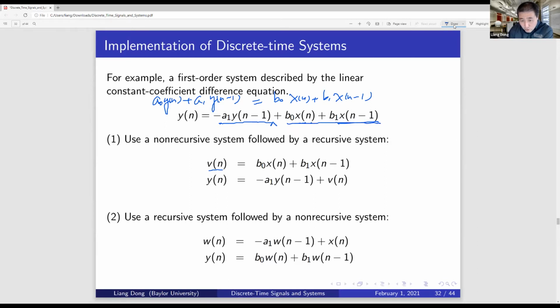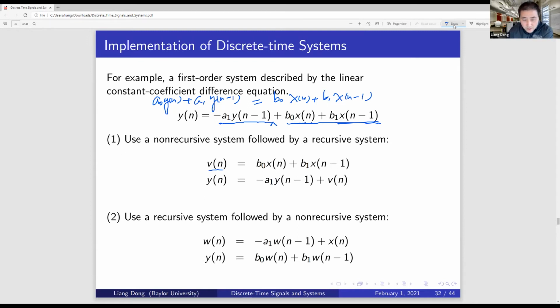We have two weighted input terms, and the sum of those weighted terms gives me v[n]. So it's an intermediate term. This is non-recursive, because there is no feedback. I don't have a v[n minus 1] on the right. Everything goes forward from the x input to the output v.